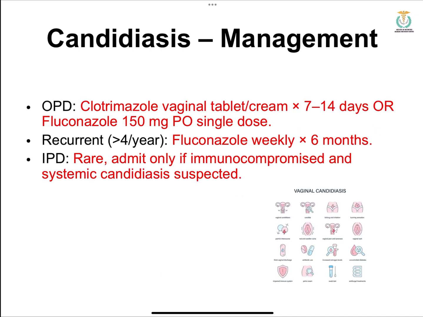Moving on to management, how you can treat candidiasis in OPD and IPD. In the OPD, you can give a clotrimazole vaginal tablet or cream for 7 to 14 days, or fluconazole 150 mg PO single dose, along with advice. If the candidiasis is recurrent, more than 4 times a year, then weekly fluconazole for 6 months is advisable.